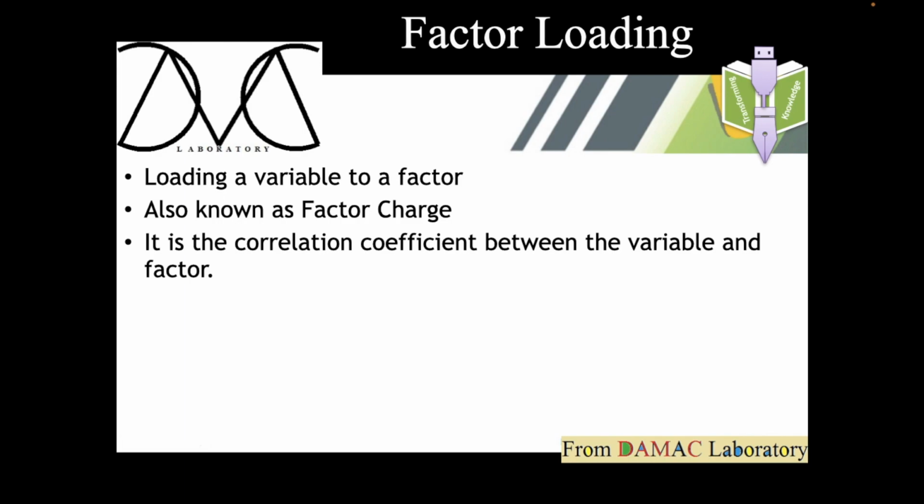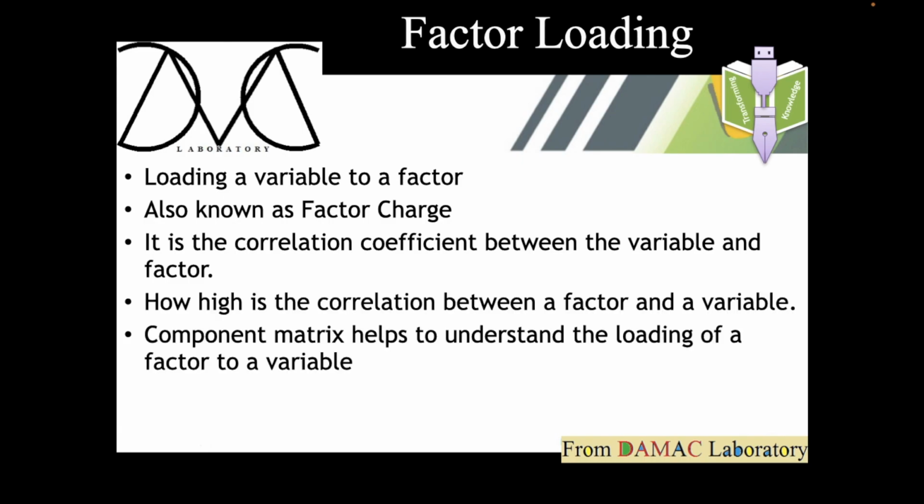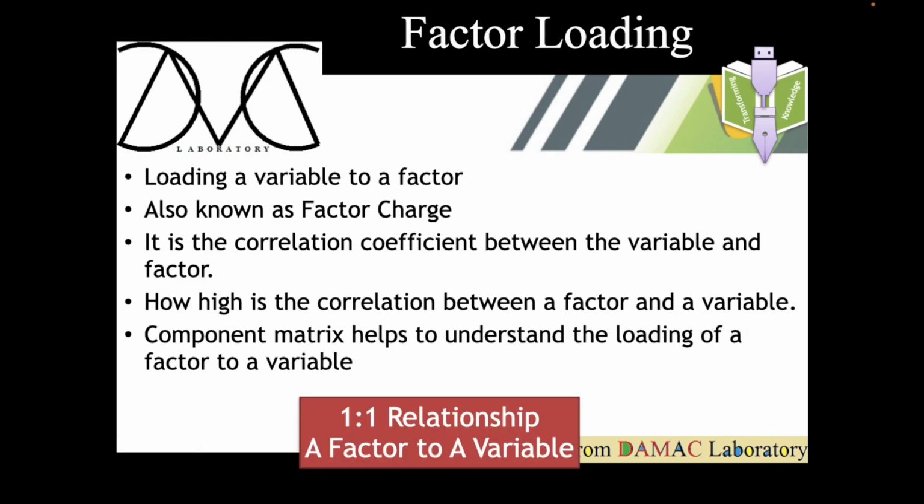Factor loadings help you decide which variables are correlated with which factor. So how high is the correlation between a factor and a variable? That means it gives you a one-to-one relationship, right? Which factor to which variable, and the component matrix here will help you decide this, to understand which variable relates with which factor.